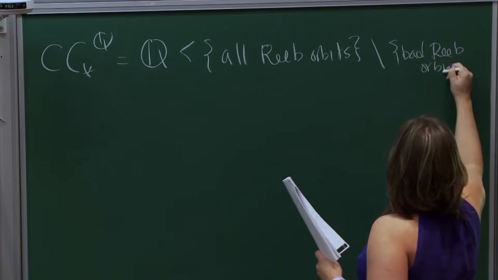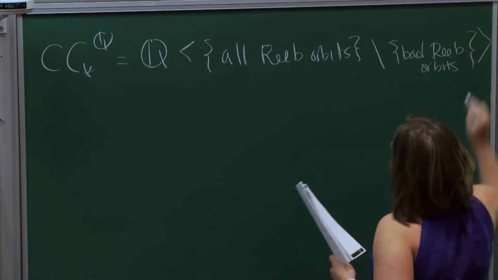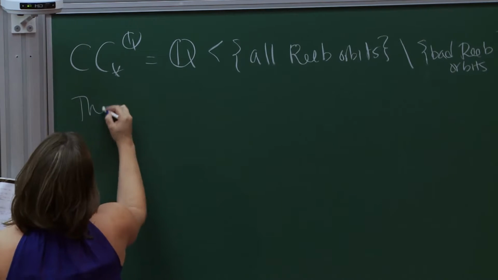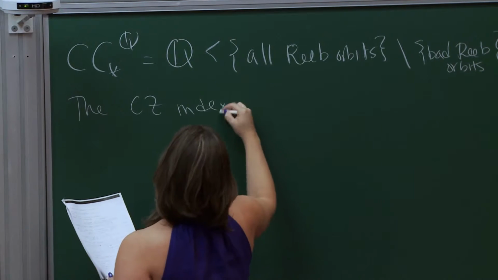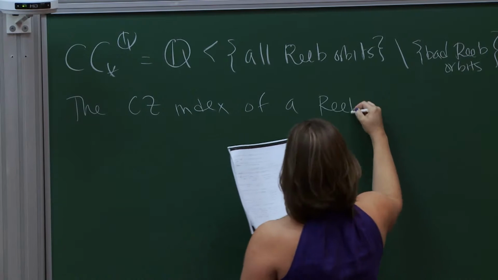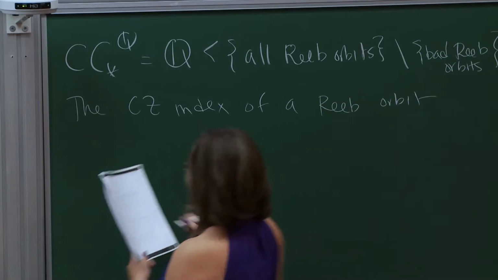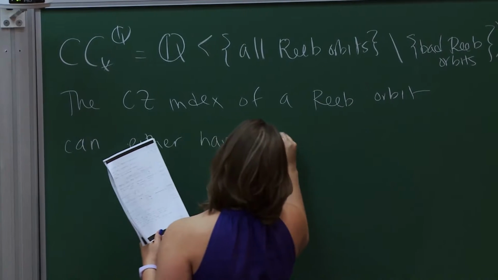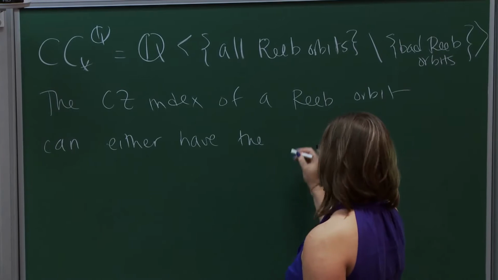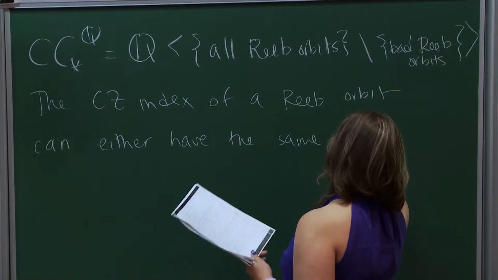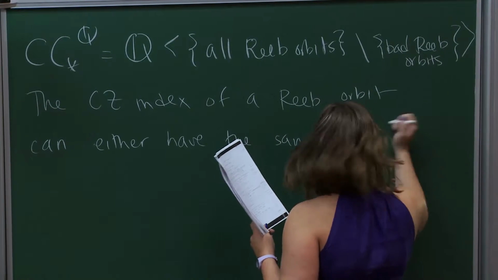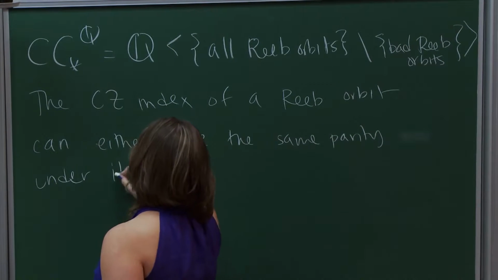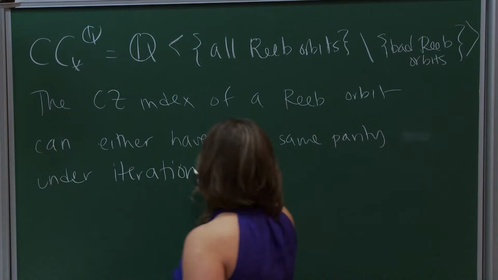To define a bad Reeb orbit, it's a little bit annoying, but the CZ index of a Reeb orbit can either have the same parity under iteration of your orbit or it can flip-flop between being even and odd.